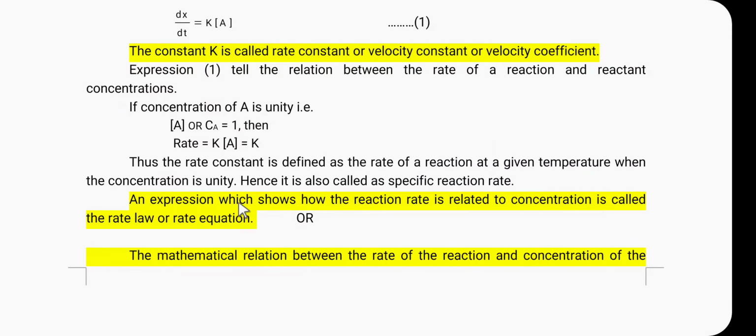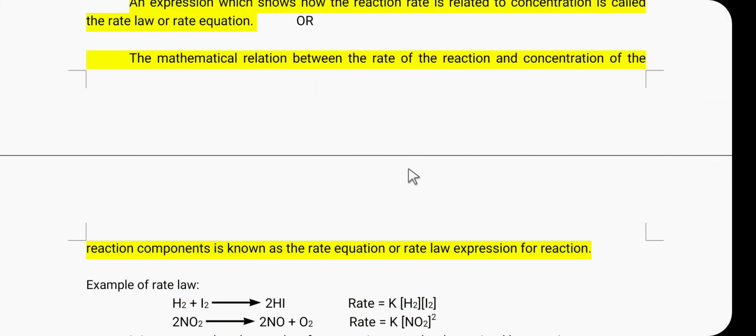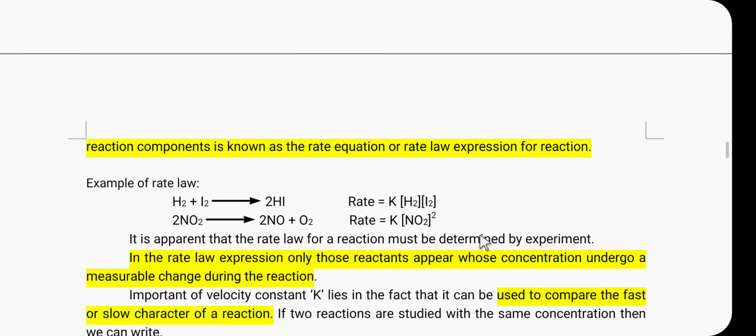An expression which shows how the reaction rate is related to the concentration is called the rate law or rate equation, or the mathematical relation between the rate of the reaction and the concentration of the reaction components is known as the rate equation or the rate law expression for the reaction.